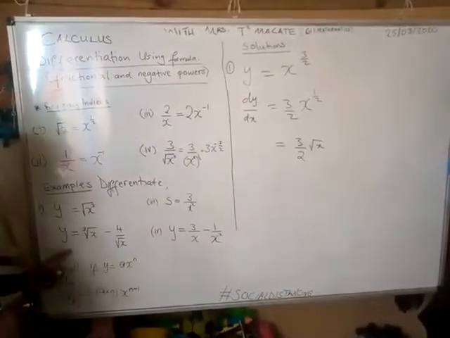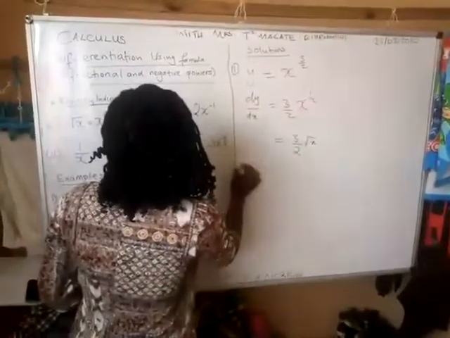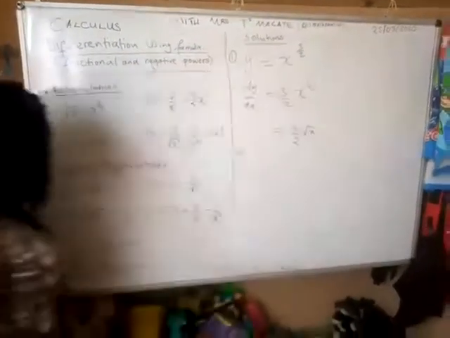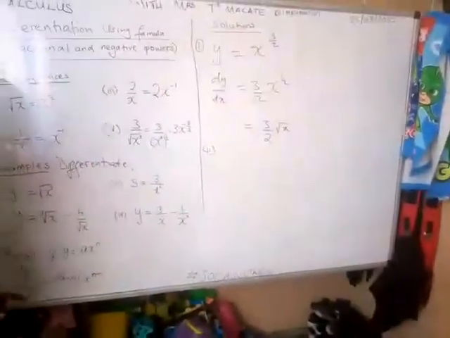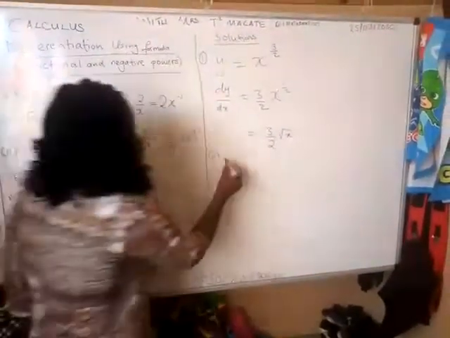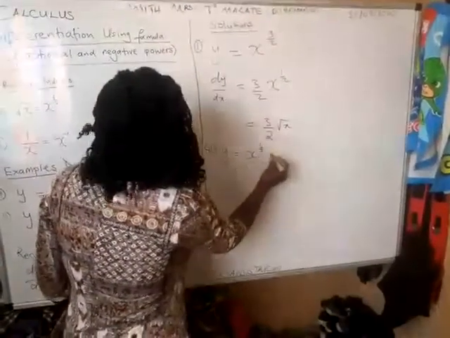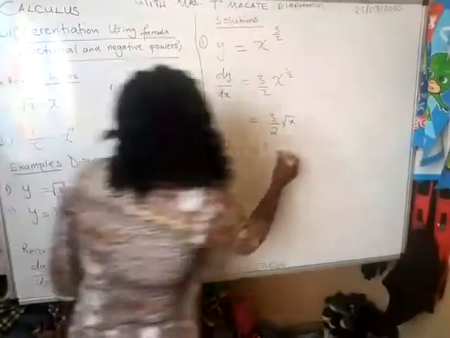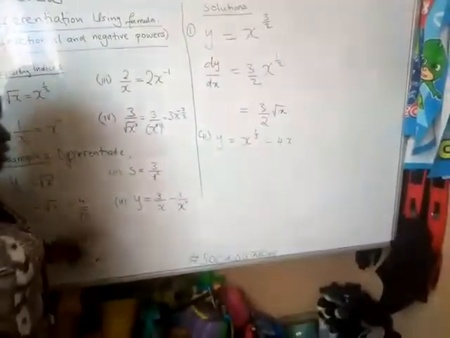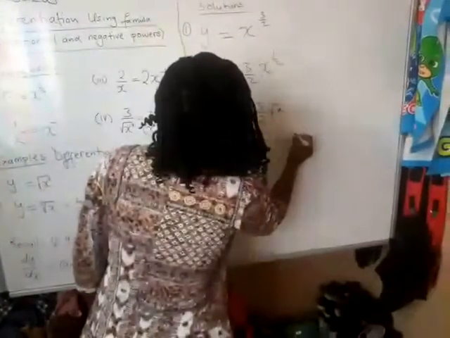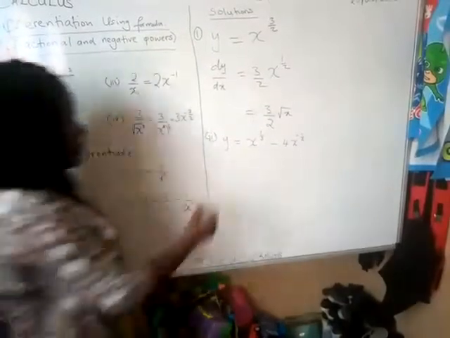We go into 2. So what we have on 2 is y is equal to the cube root of x, which can be expressed as y is equal to x to the power 1 over 3 minus 4x, and we bring it up, that's minus 1 over 2. We get our dy dx.